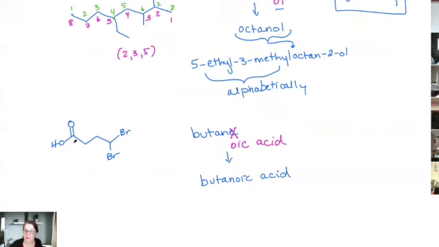So the carboxylic acid is always going to be at the end of a chain. So we don't have to give it a number because what's understood is that it will be number 1. Let me jump back to the other one so we can make a note on it.